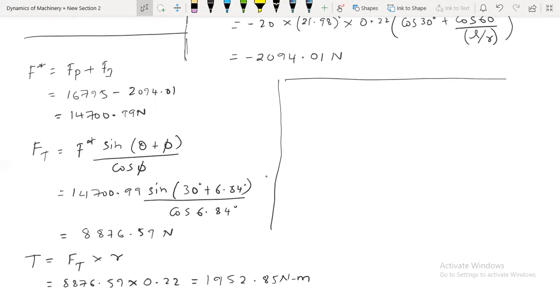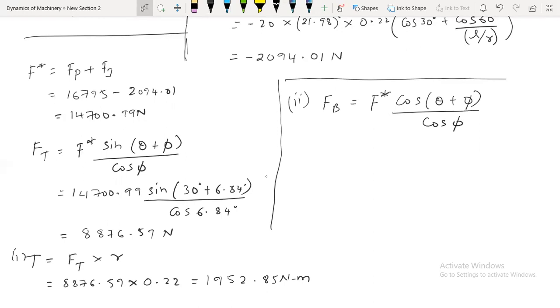Now let us find the second one, the thrust on the bearings. The first one we have already determined. The thrust on the bearings is given by piston effort multiplied by cos of theta plus phi, divided by cos phi.